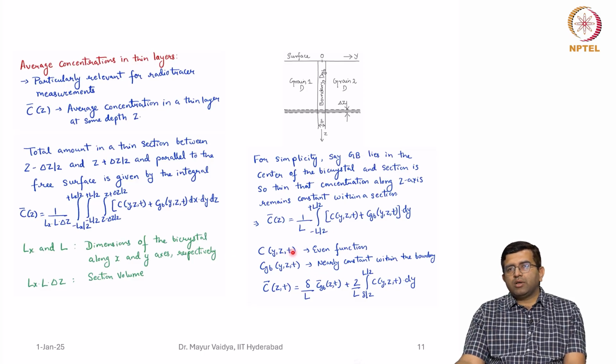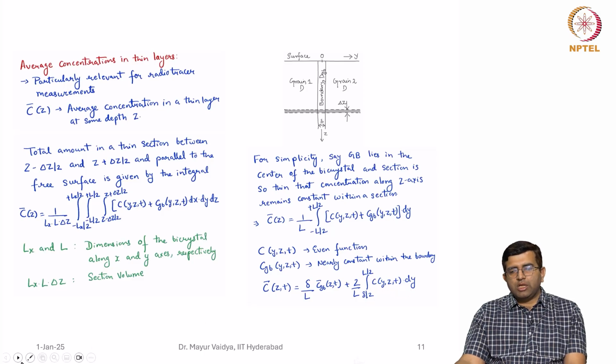Now, C is an even function, and CGB is nearly constant within the grain boundary. So, further this equation is simplified and written as delta by L CGB bar of z comma t plus 2 by L integral from delta by 2 to L by 2 of C of y z t dy.